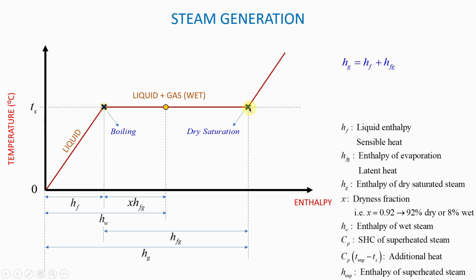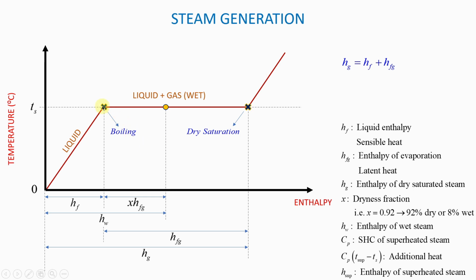Now, what if we continue to add heat to the steam once it is dry saturated? What will happen? Well, it turns out that when you reach dry saturation, if you continue to add heat to that dry saturated steam, the temperature of the steam will begin to rise again, okay?